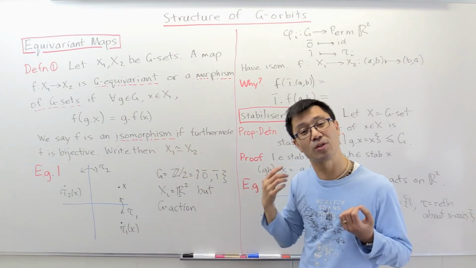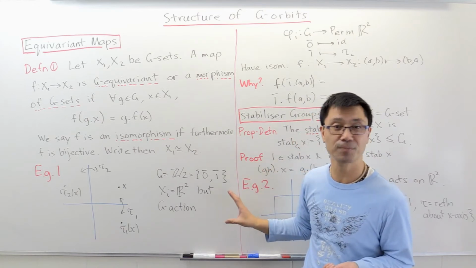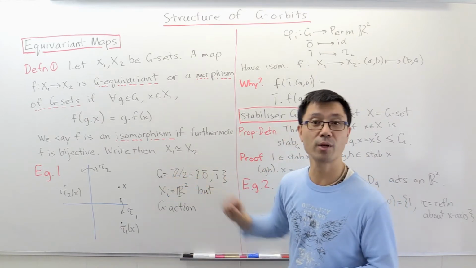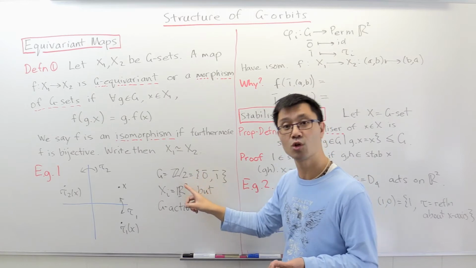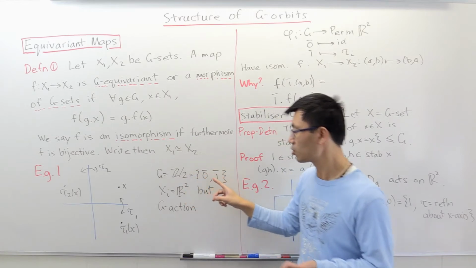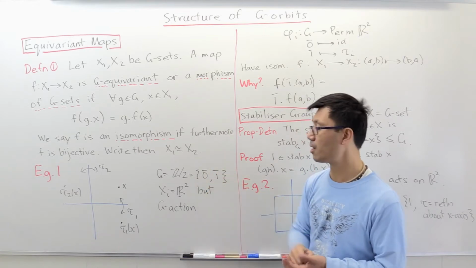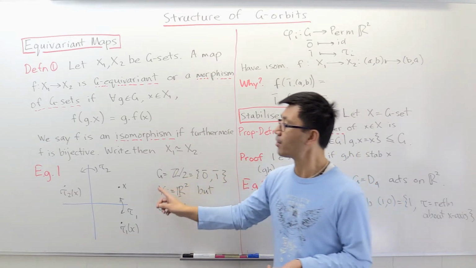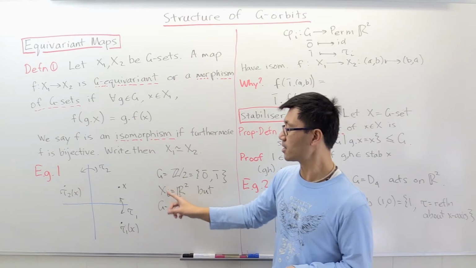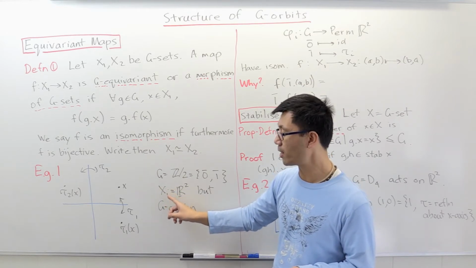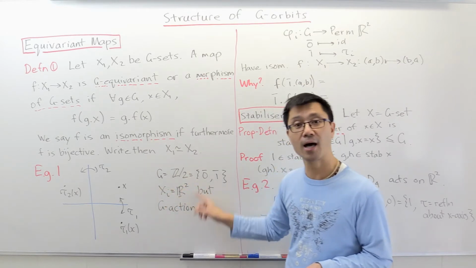Let's have a look at a simple example. In this example, the group we're going to fix is just a cyclic group with two elements. So it's just the two residue classes, 0 bar and 1 bar. In other words, the even numbers here and the odd numbers here. The G-sets, the sets themselves, X1 and X2, will both be the same, R^2.